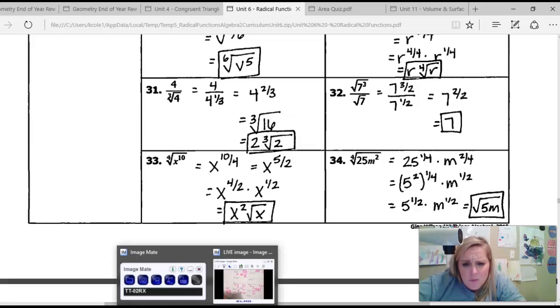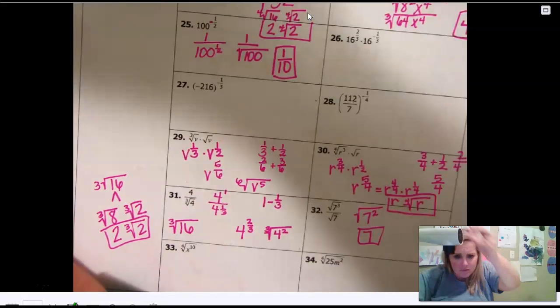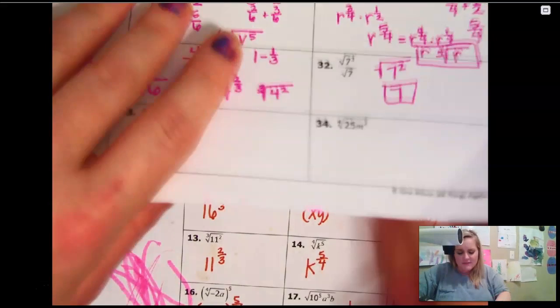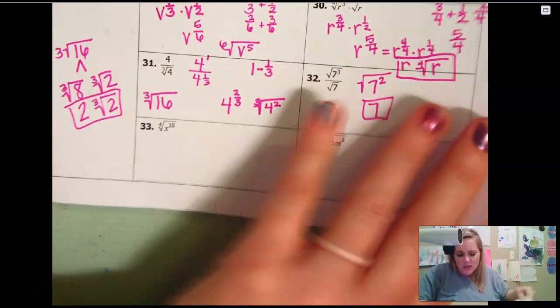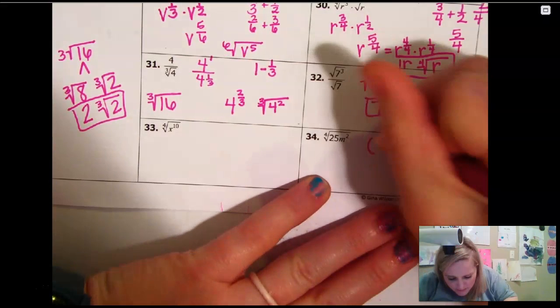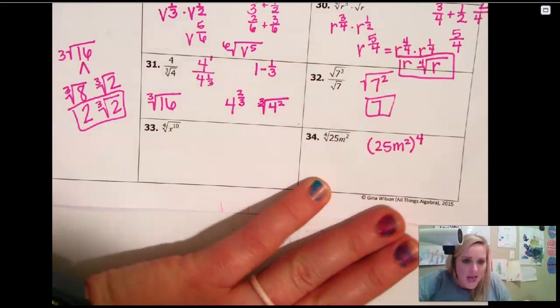I probably wouldn't have done it that way, so let me show you guys how I would have done that one. 34. And that's the thing, you guys, there's no right, specific way you have to do these. You can just do it whatever is best for you. I probably would have taken this and put this in parentheses and put the 1/4 on the outside.